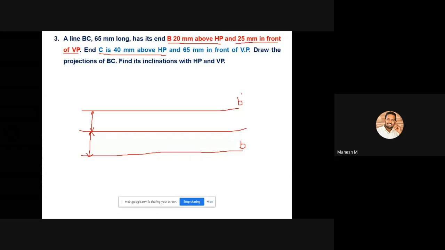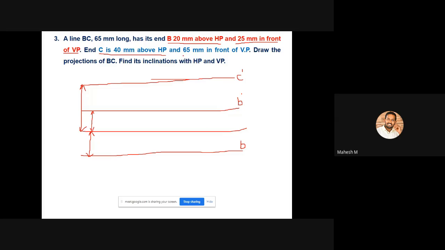Okay, so you can mention it as locus of B dash, and also locus of B. Next you can create the locus of C, because you also have C dimensions. So you can create one more horizontal line with a length of 40 mm from the reference line, because it is 40 mm above HP, and mention it as locus of C dash.